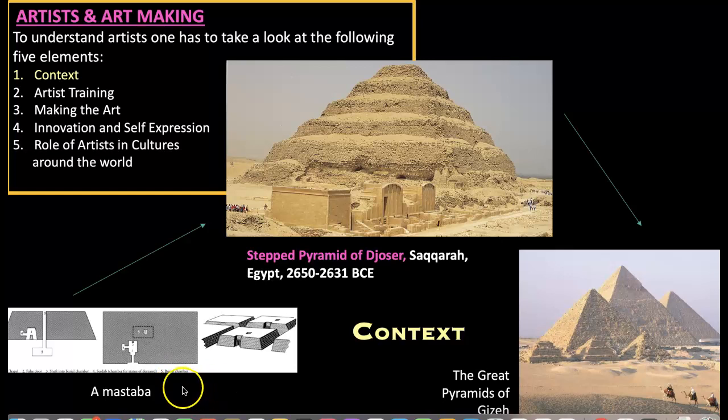What it shares in common with the later pyramid forms is its stone construction, but it was a single elevation above ground, that is. So you can see an artist's rendering on the right that it has a trapezoidal shape, it has an entrance, and then looking at the artist's drawings from a bird's eye view and side profile view as well, you can see that it had interior chambers.